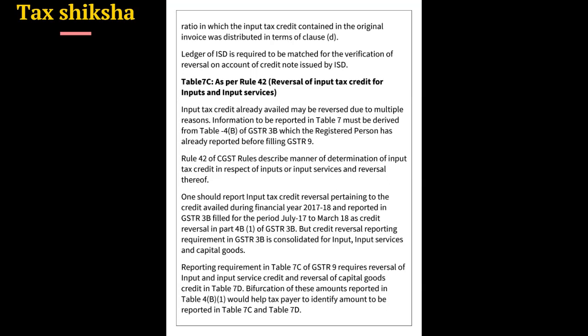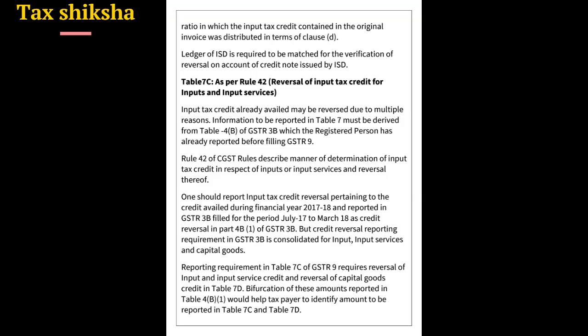One should report input tax credit reversal pertaining to the credit availed during financial year 2017-18 and reported in GSTR 3B filed for the period July 17 to March 18 as credit reversal in Table 4B, 1 of GSTR 3B.